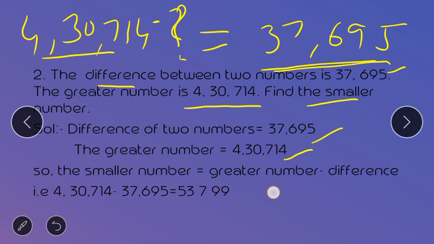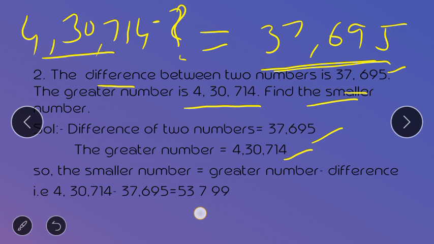What is the greater number, children? Here the greater number is 4,30,714 minus the difference. What is the difference? 37,695. That is 4,30,714 minus 37,695, which equals 53,799.